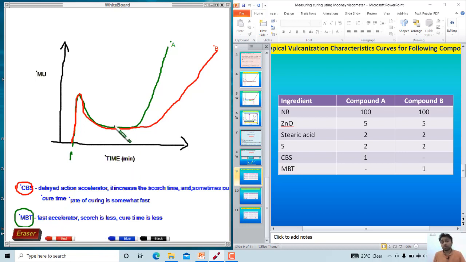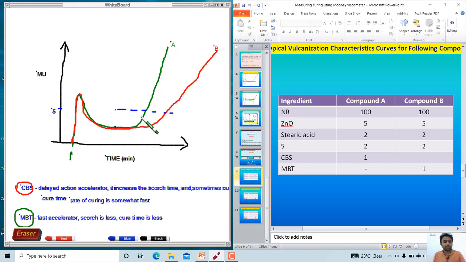Since both compounds have shown the same minimum value, you can count 5 Mooney units here, 5 units, then come to the curve.